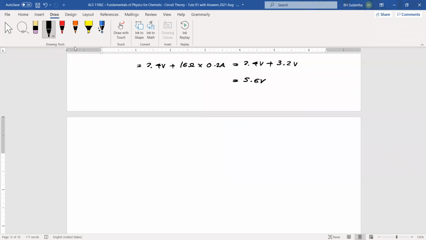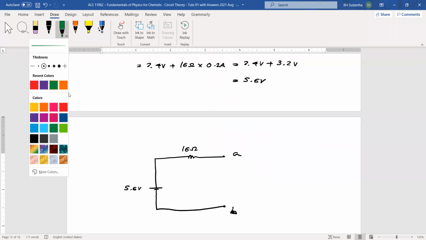Now we can draw a Thevenin equivalent circuit. This is point A, and this is 16 ohms. Point B, and this one is 5.6 volts.